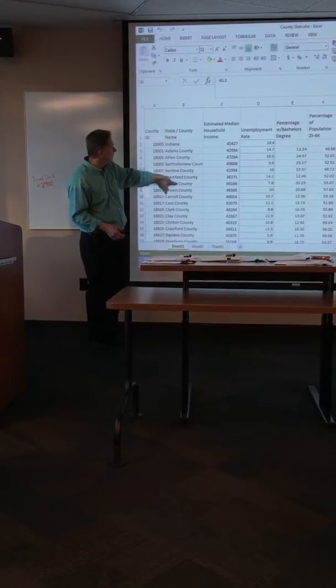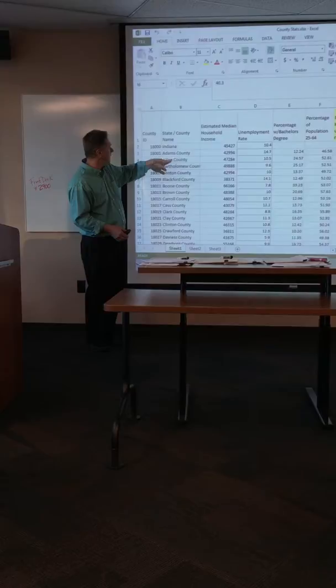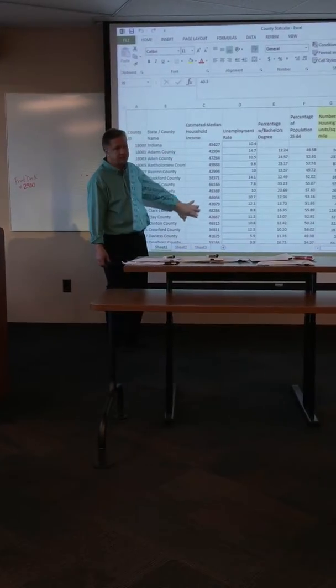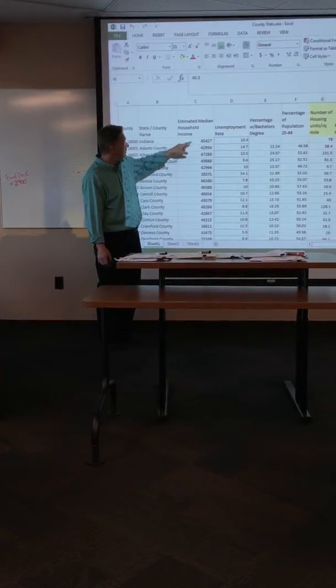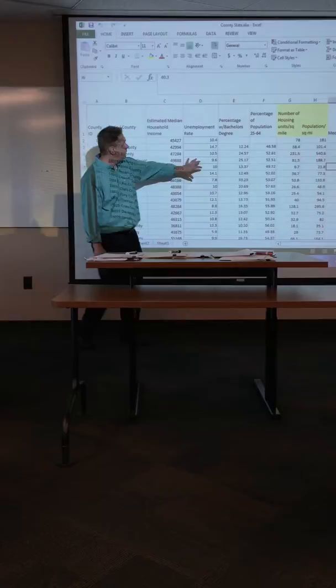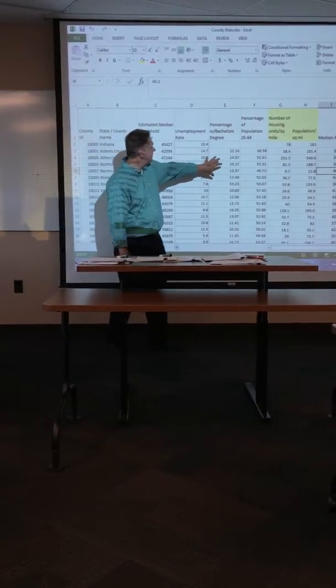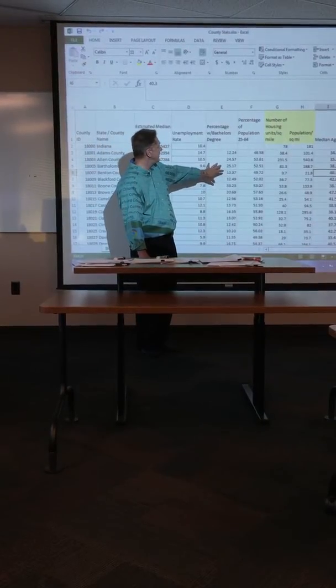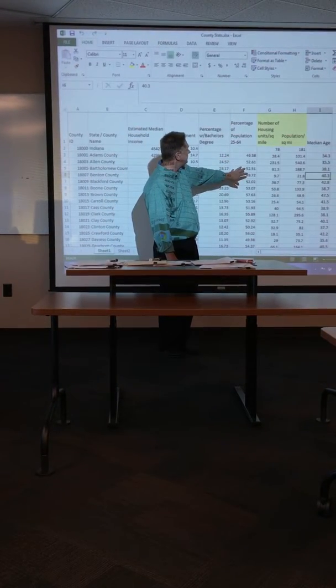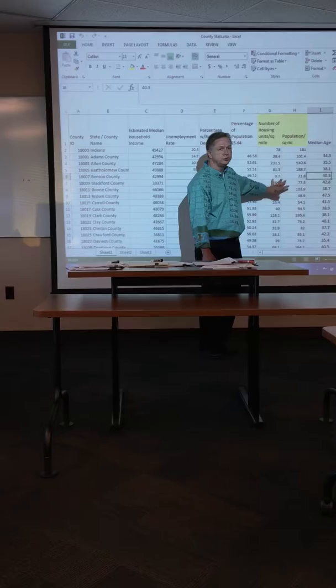Here is the name of the county, so we can identify Allen County, Adams County, and so on. Here's the average income. This is our dependent variable. This is what we believe is affected by everything else. The unemployment rate, the percentage of the population that has a bachelor's degree or higher, the percentage of population between 25 and 64. Here's my 2 that I'm not sure about.